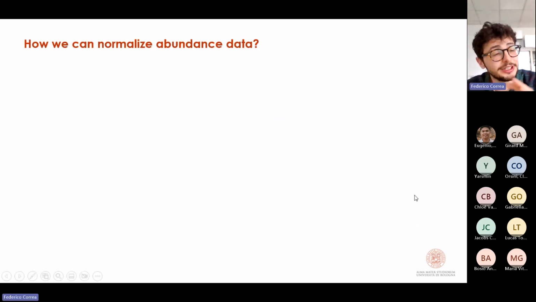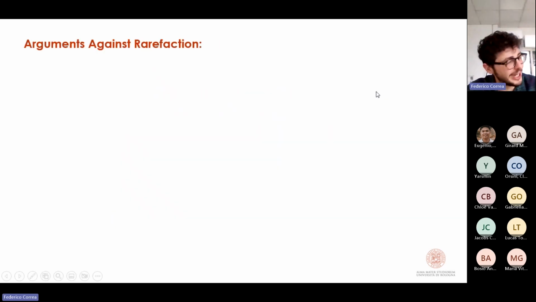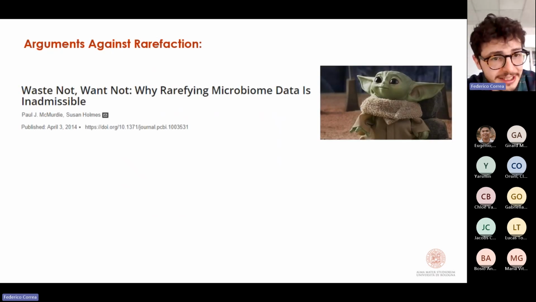And in the literature, there's been a huge fight, I would say, between two research groups. So now we will see the two sides of this fight. The first side is someone who doesn't want you to do rarefaction, and usually they say, oh, okay, but look at this paper. This is the paper that is usually the most cited when a reviewer doesn't want you to do rarefaction.